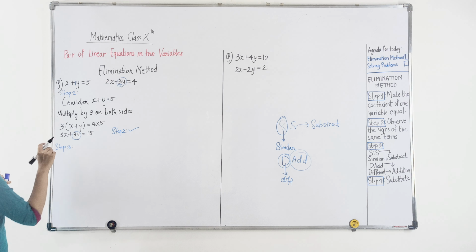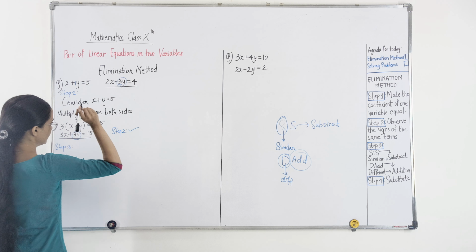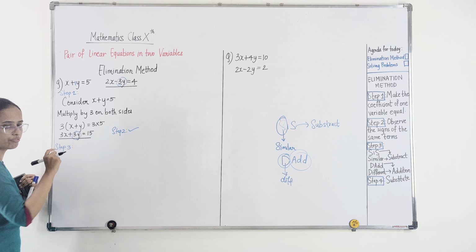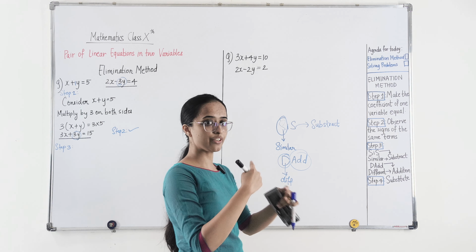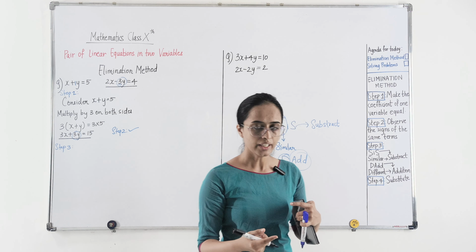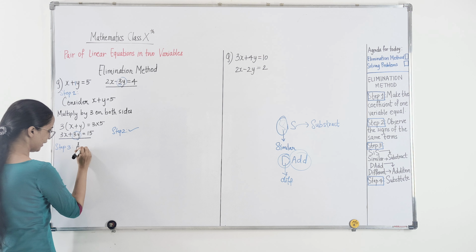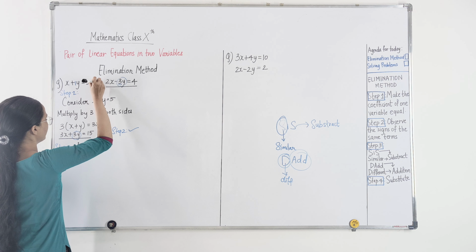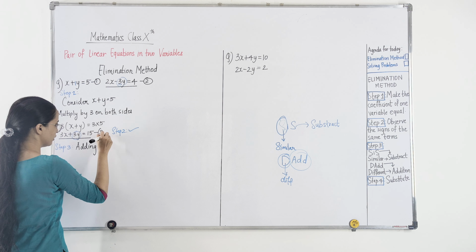Since we are supposed to deal with these two equations, you see the signs are different, and if the signs are different, D for different, D for dad, that is why we are going to add both these equations. So adding, let's say this is your equation 1, this is your equation 2, and this is your equation 3.